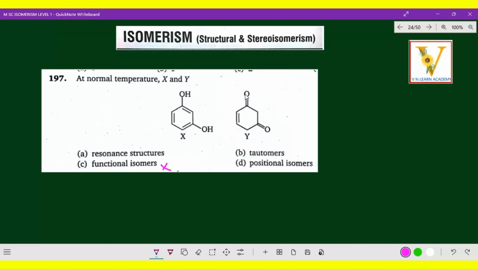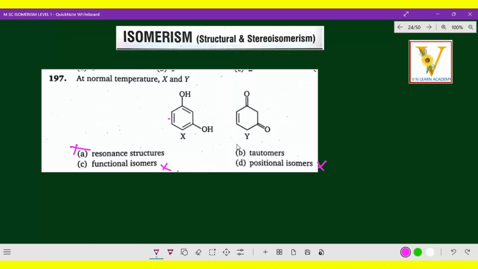Positional isomers would mean OH changes position somewhere, but that is not possible either. Resonance structure is delocalization or transfer of electrons, which is also not possible. Here tautomers only is the correct option.